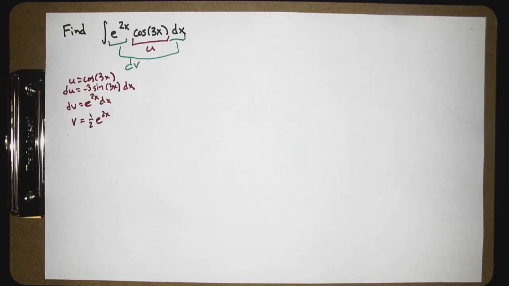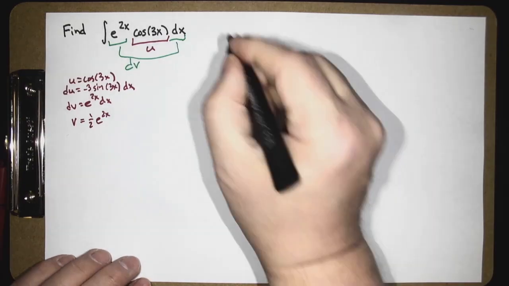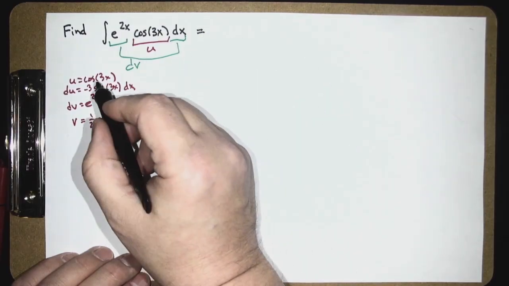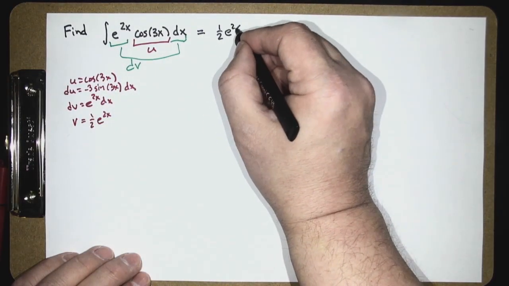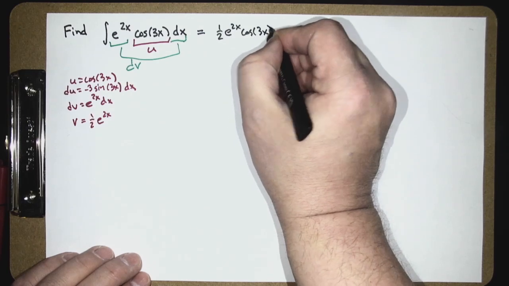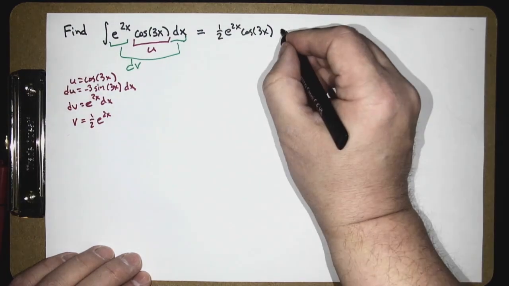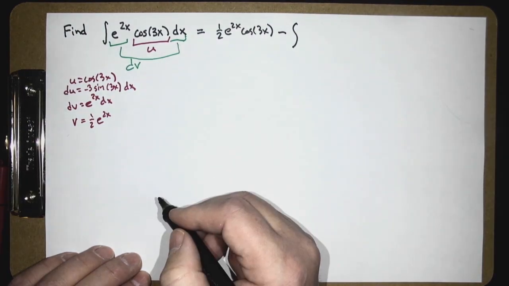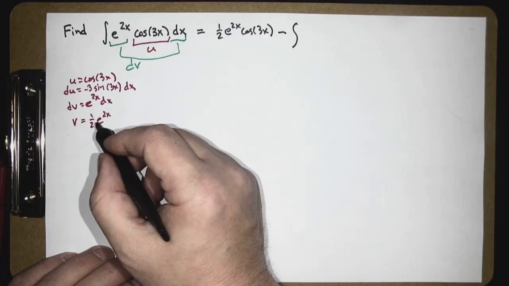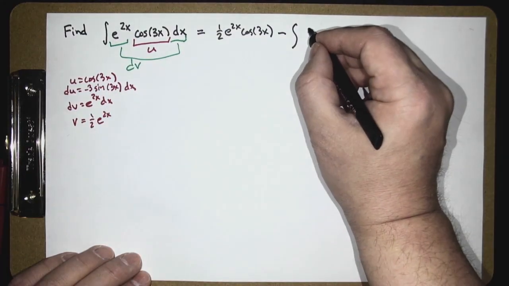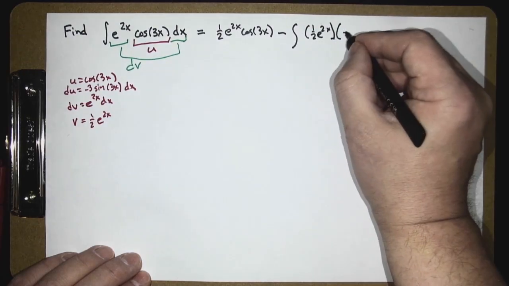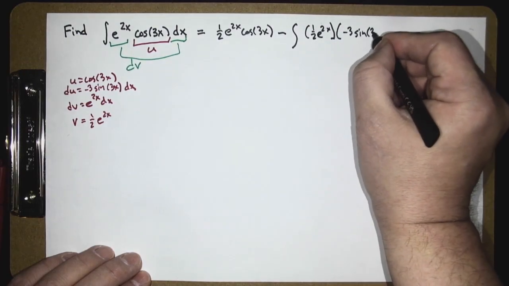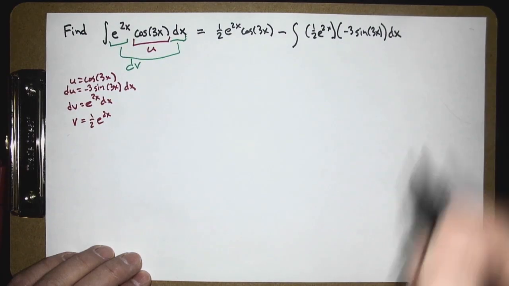All right, so by integration by parts, we now have the following. This is equal to u times v. So we have 1/2 e to the 2x cosine 3x minus the integral of v du. So we have our 1/2 e to the 2x and our minus 3 sine of 3x dx.